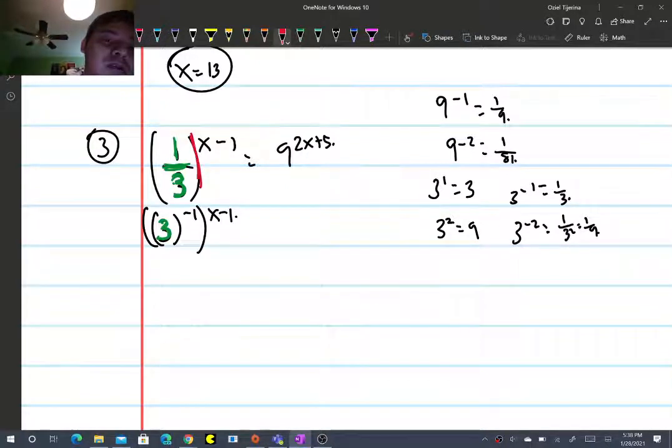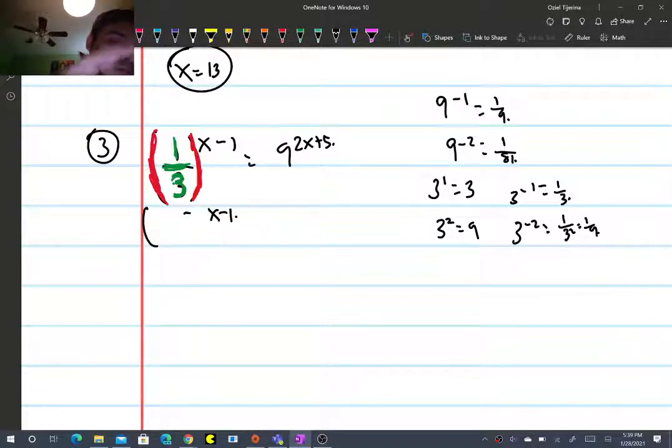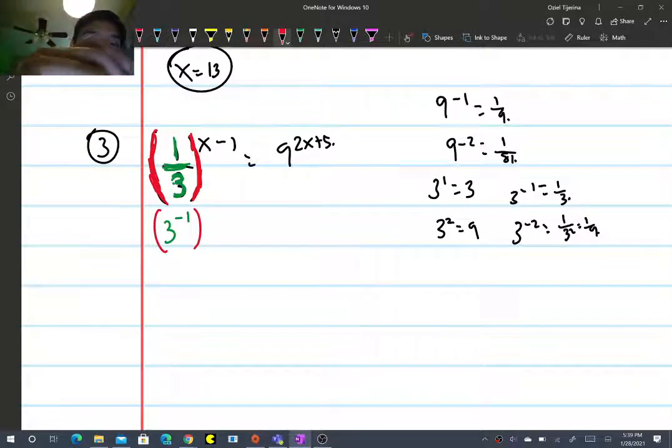If you really want me to label the parentheses, I will, just so I don't confuse you. So we have 3 to the negative 1, that's what this is, and I'll label it green. And then it's going to be to the x minus 1, okay? So right here, you would say x minus 1. Notice how I turned 1/3 into 3 to the negative 1.